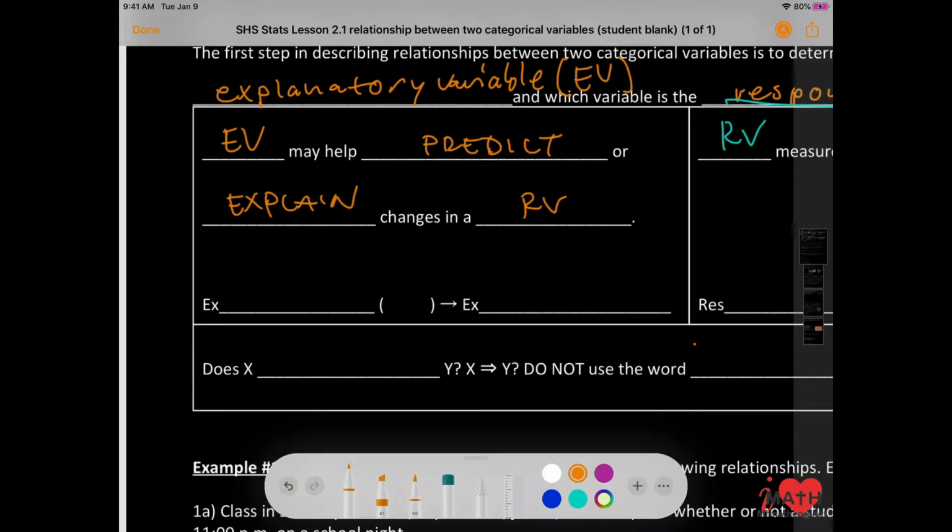All right, so how do I remember this? An explanatory variable, an EV, explains. So hopefully you saw the EX there.